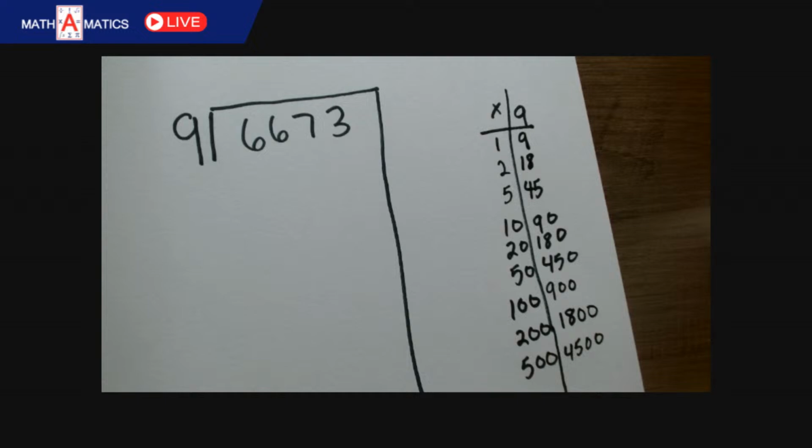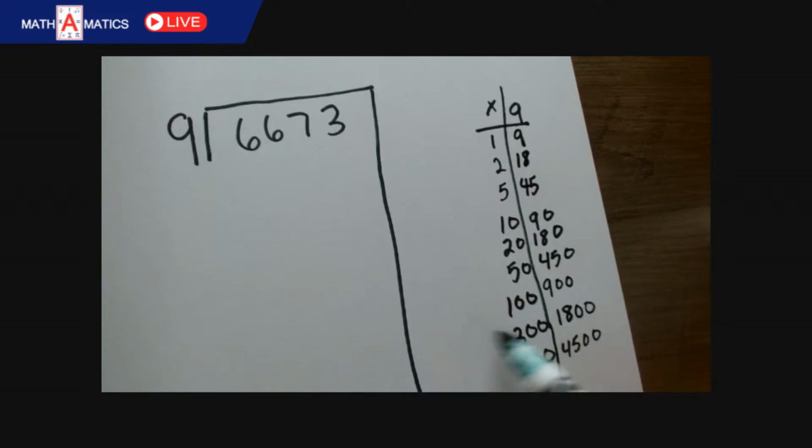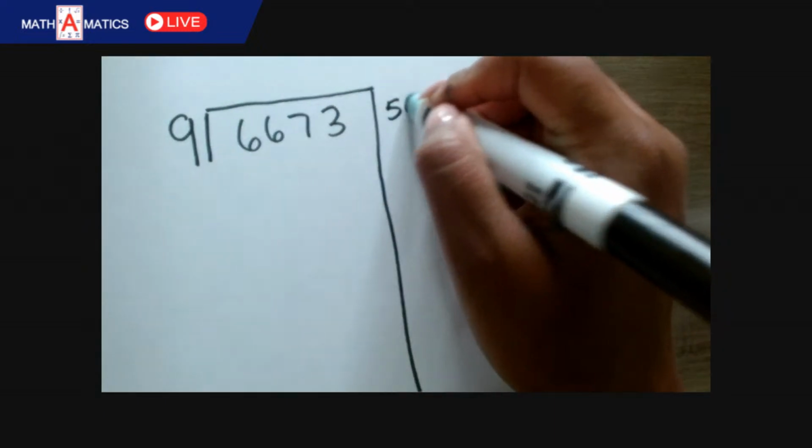Okay. Then what we can do, we can start on this one with 500, or if you just wanted to do it like multiple times, you could absolutely start with 100 and you would just keep subtracting. But I'm going to start with 500 because that's our biggest number right now.